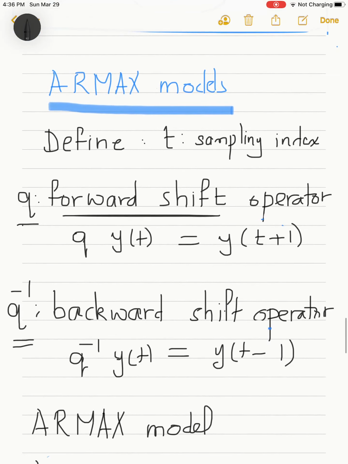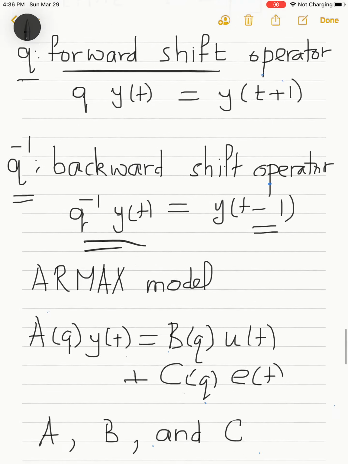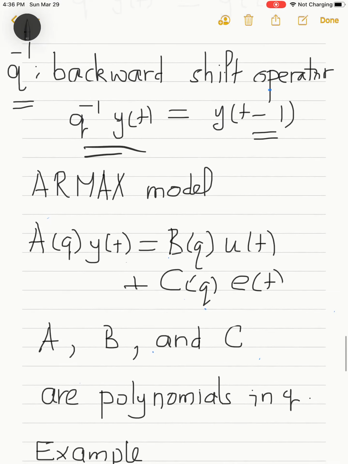Q minus 1 is also defined as this. If you multiply Q minus 1 by y of t, then the signal is shifted backward one sample. The ARMAX model is then defined as a polynomial A multiplying y and a polynomial B multiplying u, polynomial C multiplying E.